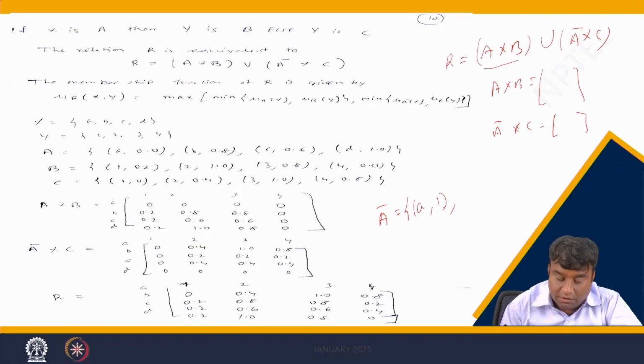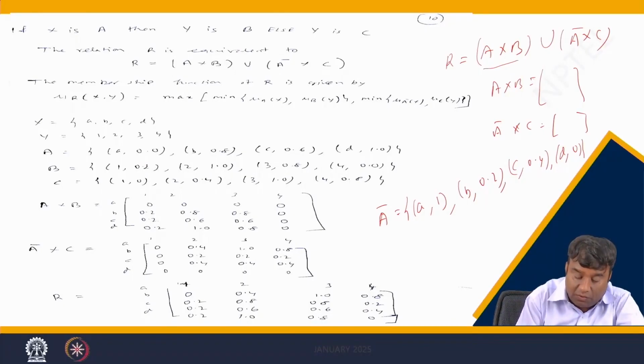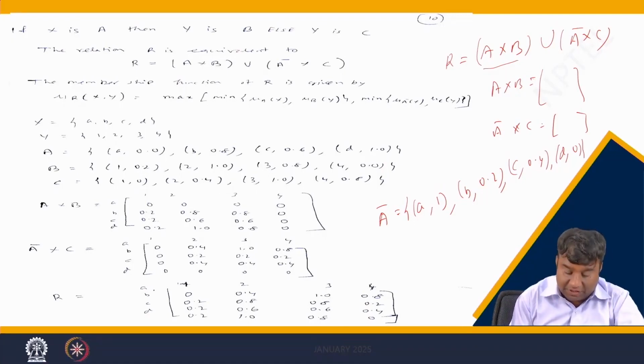A 1, B 0.2, C 0.4, D 0. So A1, the minimum value with C is 0. So A1: 1 and 0 is 0, 1 and 0.4 is 0.4, here is 1, here is 0.8, here is 0, here is 0.2, 0.2, 0.2.